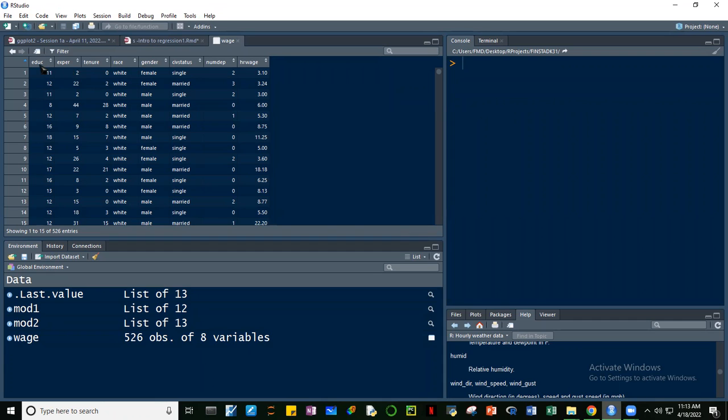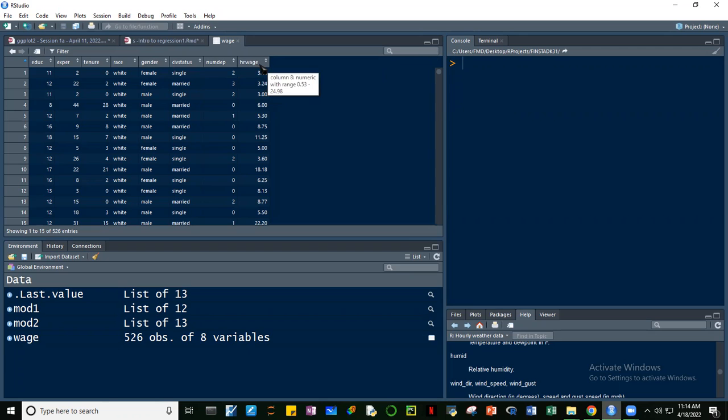Education is in years, experience is in years, tenure is a number of years, number of dependents is also quantitative. So there are 3 variables here: race, gender, and civil status, that are categorical in nature, and which we used as a factor or a classifier last time.